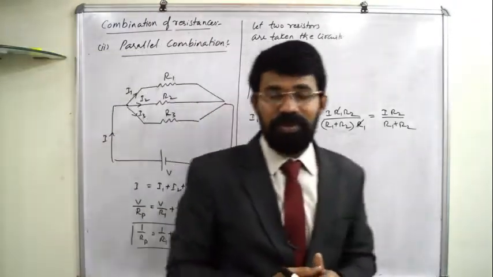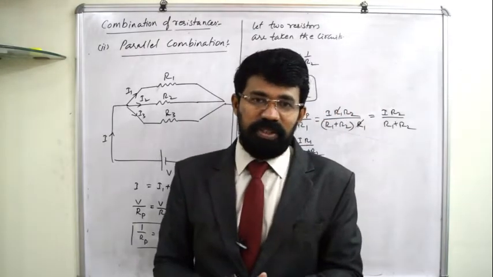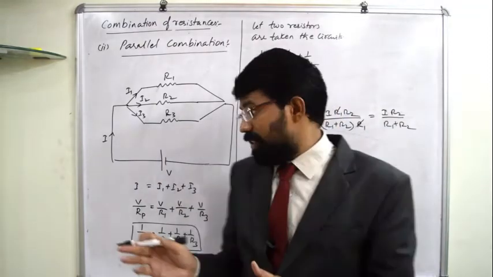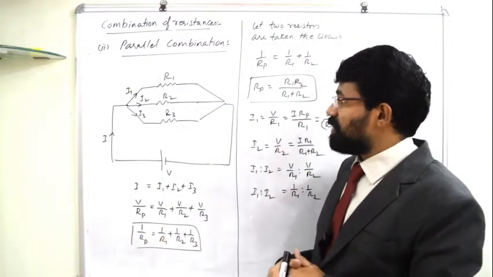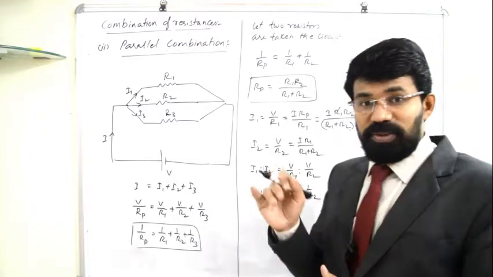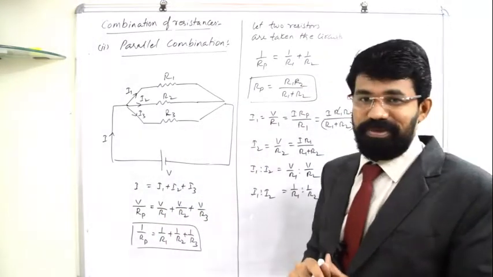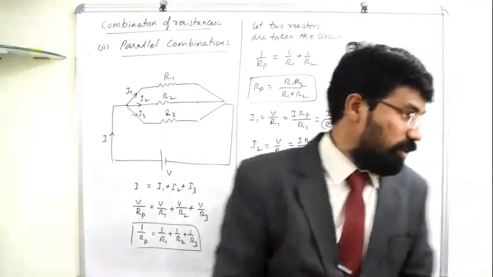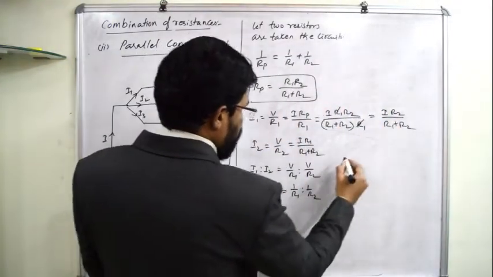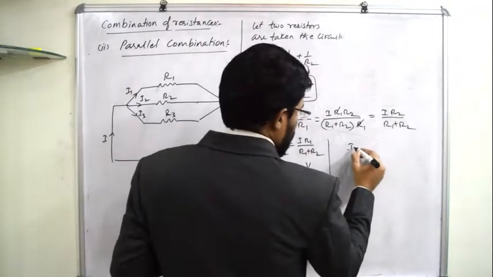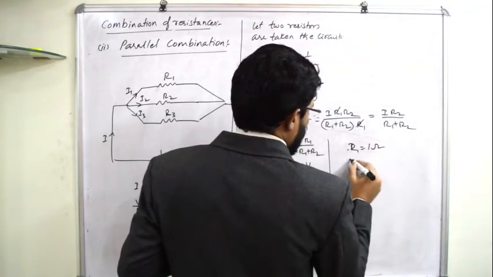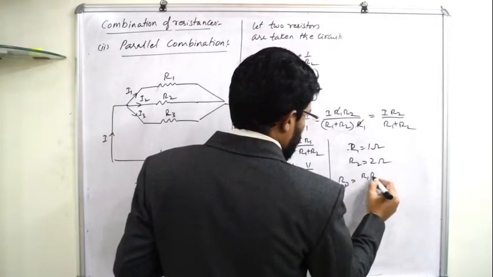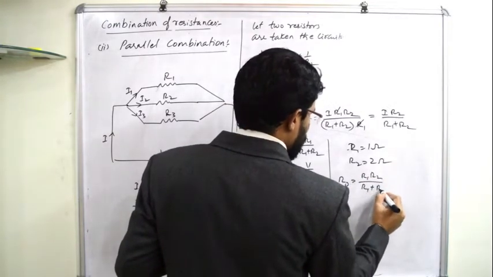And we can talk a little bit more. In series combination, I told you the effective value of the series combination is always greater than the greatest value of the combination. And here, unlike in the case of series combination, the effective value will be smaller than the smallest value of the combination. For example, if you have taken 1 ohm resistance, 2 ohm resistance and 3 ohm resistance, when you go with the calculation, let us say R1 is equal to 1 ohm, R2 is equal to 2 ohms. So Rp is equal to R1 R2 by R1 plus R2.